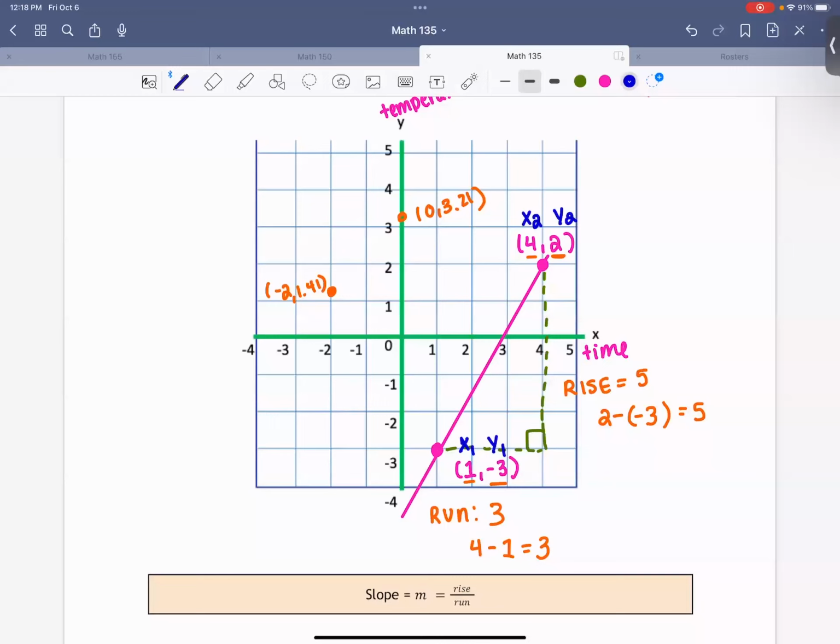Now, if I were to label what I just did, for the rise, the 2 here was y2 and the -3 was y1, and I subtracted them, so I did y2 minus y1. To get the run, I took x2 and x1 and subtracted them. So rise is y2 minus y1, and run is x2 minus x1.